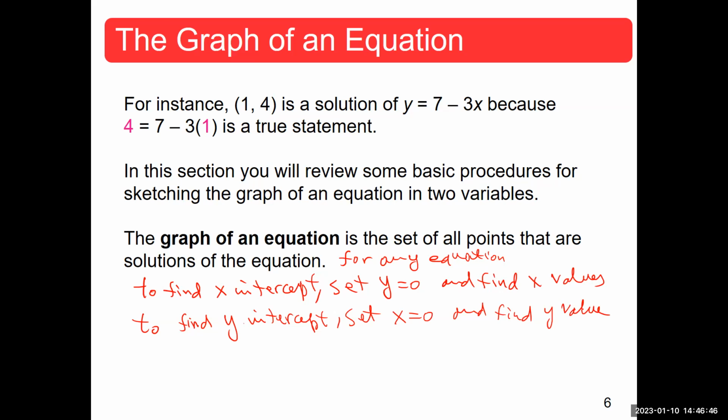Here we have only one, generally speaking. And what we're going to study here, we always have one value for the y-intercept, only one value. X's could be many. So the easiest one to find first is the y-intercept, because it's only one value.